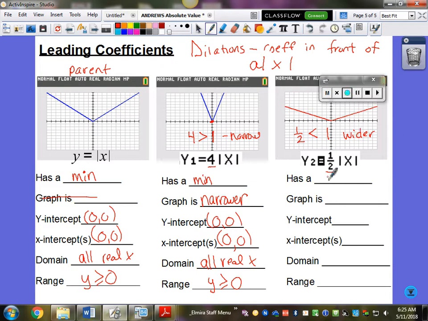Okay, so I really just want to focus on the coefficients right now. So this still has a minimum. Graph is wider. Y-intercept stays the same. X-intercept stays the same. Really, guys, I'm including all this intercept stuff just because, especially domain and range, I'm including in this lesson because it's a vocabulary refresh that we're definitely going to be needing as we approach the regents, because you're going to get asked domain and range questions.